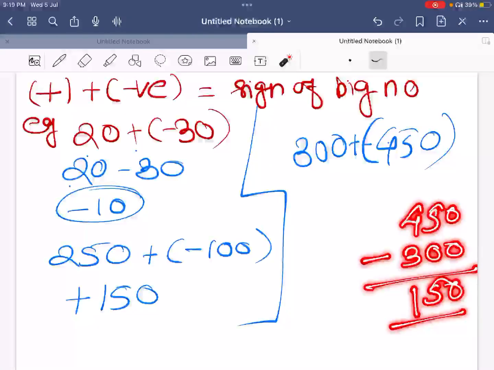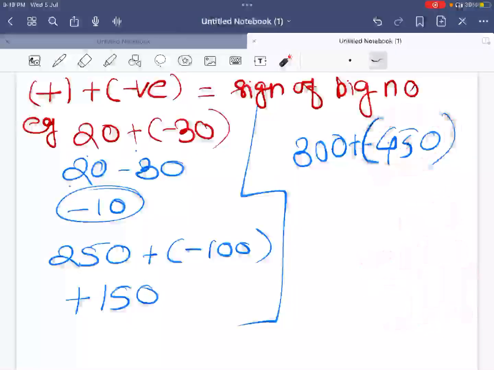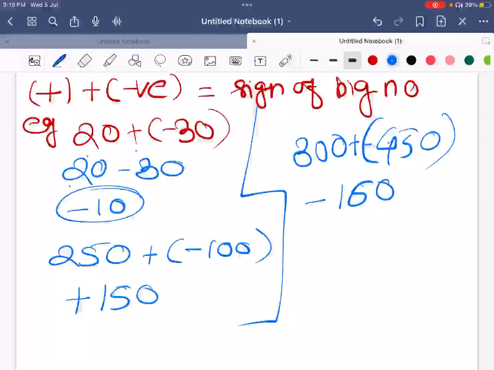So your answer is 150. And another thing is that we have to put the sign of the bigger term. So here, minus 450. So 450 is the biggest one. So we have to put the sign of 450. So your answer is minus 150.